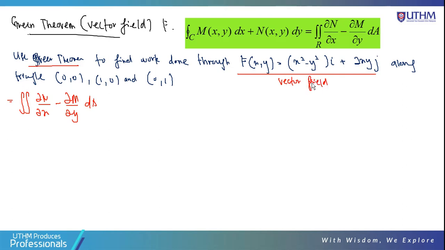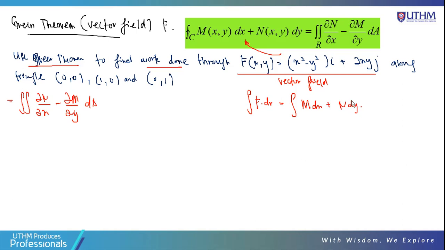But for using the Green theorem, you need to change it into the form of the scalar field. I have already proved that the vector field can be changed, by work done. So you know work done is F dot dr.